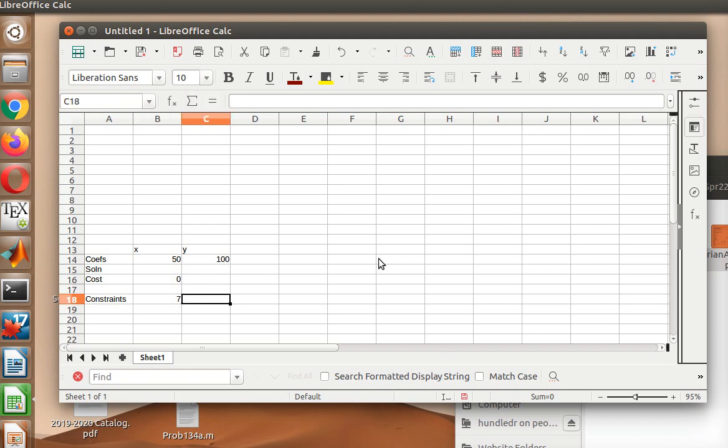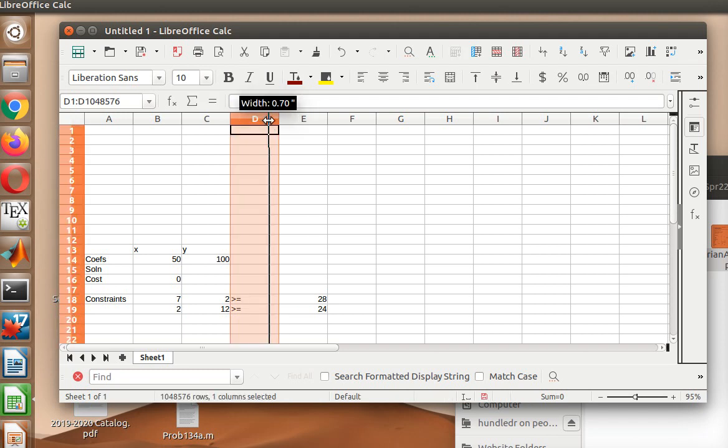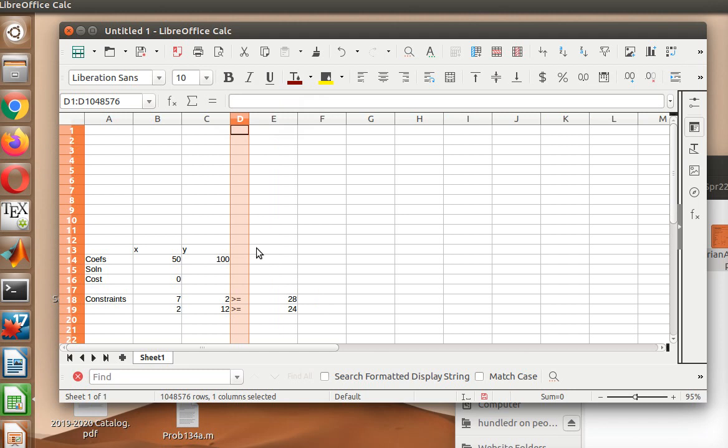So I'll say 7x and then 2 for the y, and then I'll just put in a reminder this is greater than or equal to 28. Okay, and then the next constraint was 2x plus 12y greater than or equal to 24. I'll squeeze this one down a little bit to look a little nicer. Good. Okay.